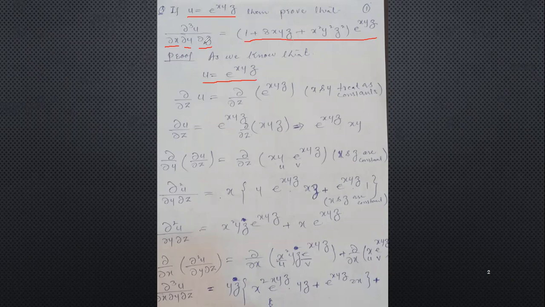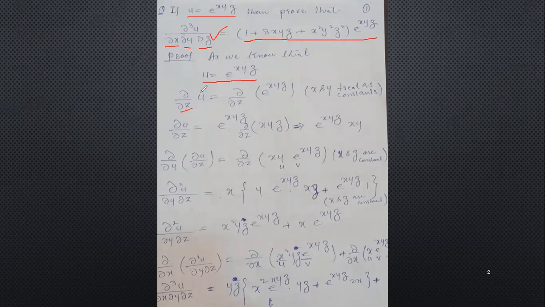Now, in this form of derivation, we see that on the right side in the denominator we have z. So first we take partial derivation with respect to z.